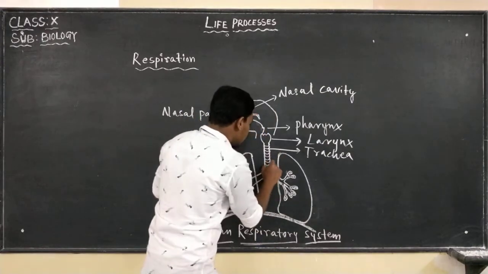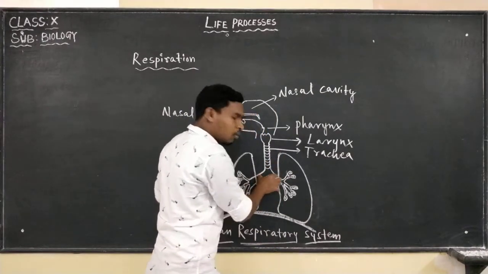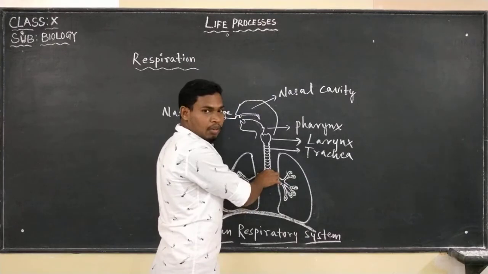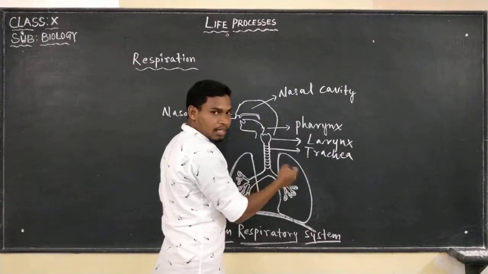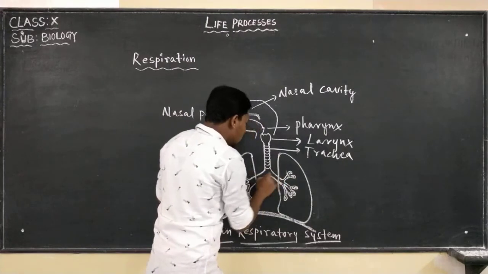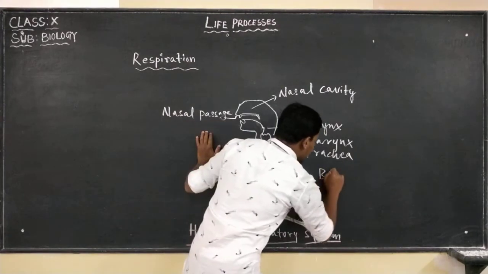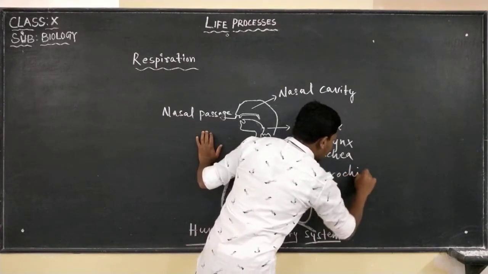And next, this trachea is going to divide into two bronchi. If it is one, we call it bronchus. So these are two bronchi.